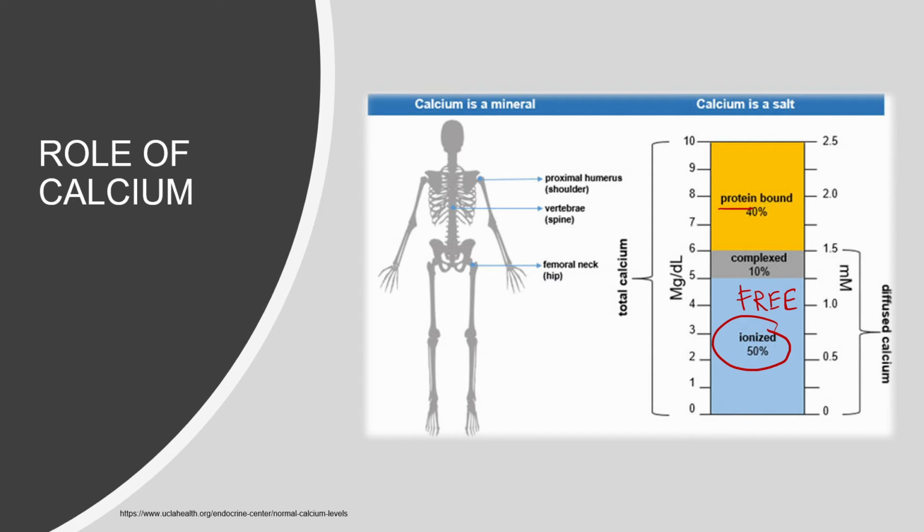Ionized calcium is mainly important for myocardial and neuromuscular excitability. So let's draw it here for you to remember it. If we talk about the ratio of bound calcium to ionized calcium, it depends on the amount of protein in the plasma. So let's think about it like that.